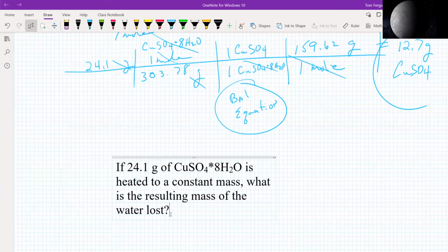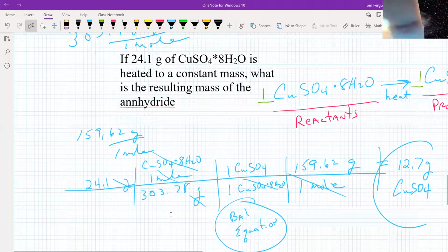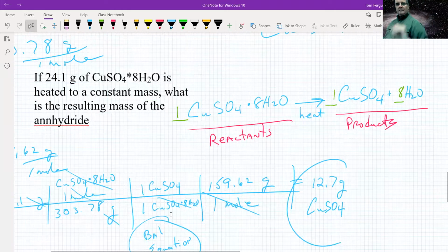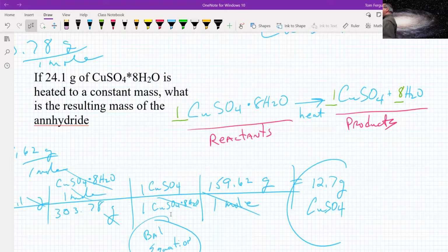How much water? So we're going to use the same balanced equation. Now, the middle step, remember, is the ratio of the coefficients.